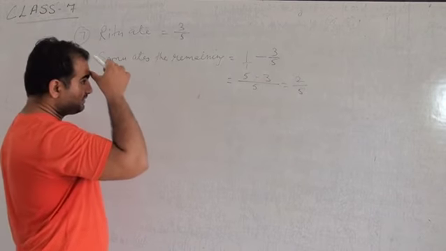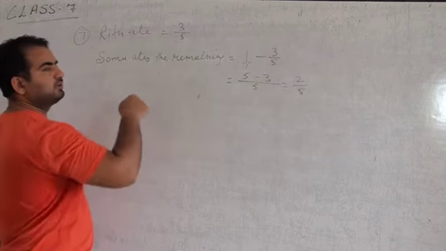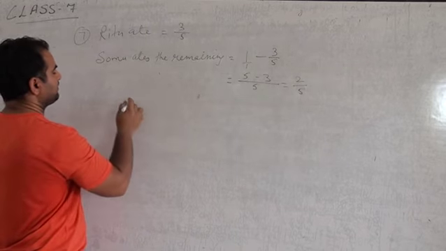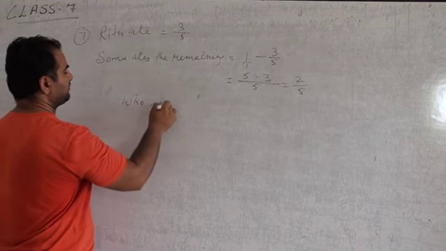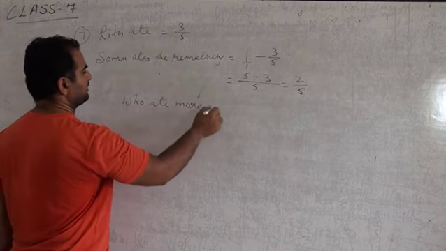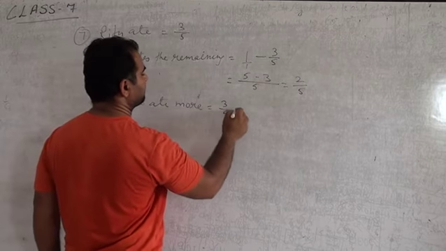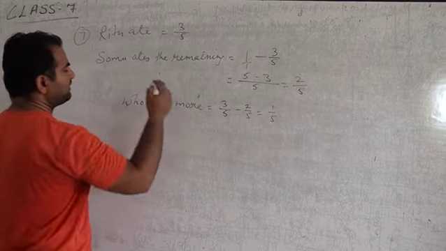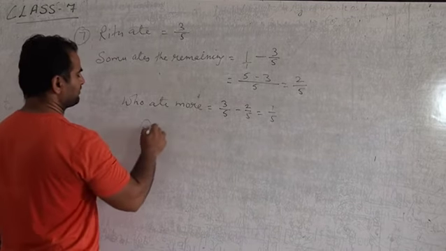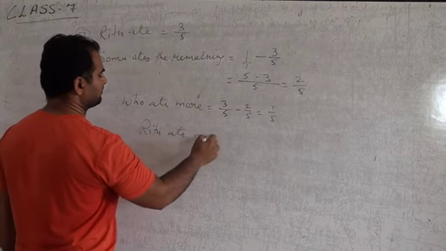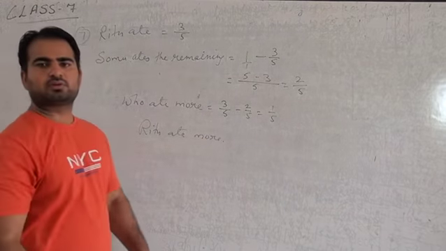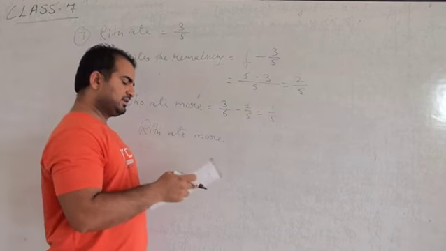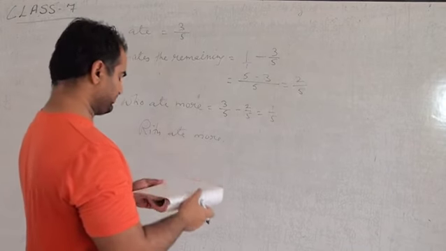Now we have to check who ate more, so we will subtract. 3 by 5 minus 2 by 5 equals 1 by 5. So we came to know that Ritu ate more.